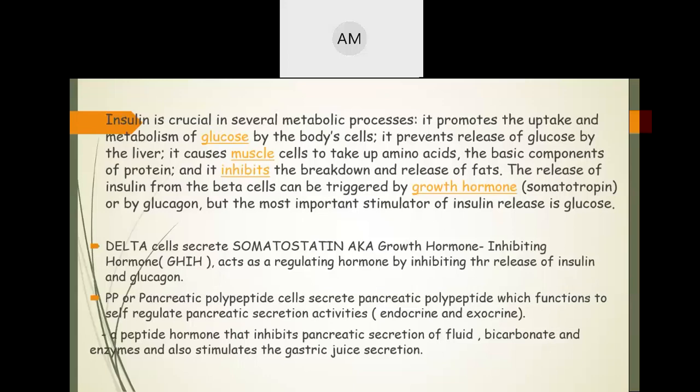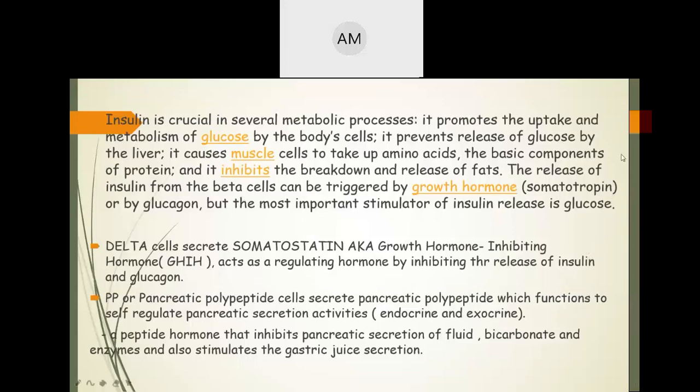If the liver continuously produces glucose from the glycogen, the body glucose levels will be very high. So there should be a factor which will regulate the secretion of these hormones. So delta cells secrete this regulatory hormone which we call somatostatin. It inhibits the release of both insulin and glucagon.